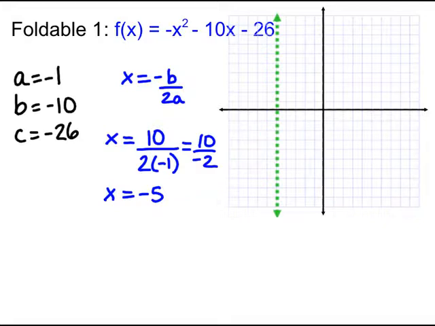Now we have to find out where our vertex is on that line. We know it's negative 5 comma something. So we're going to put negative 5 in our math problem and find f of negative 5. To do that, everywhere we see an x, we're going to put in negative 5.